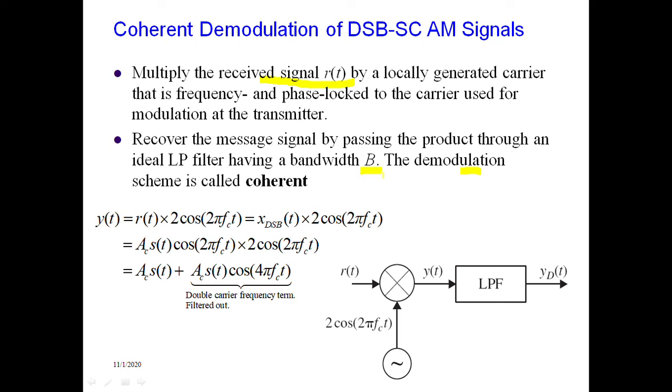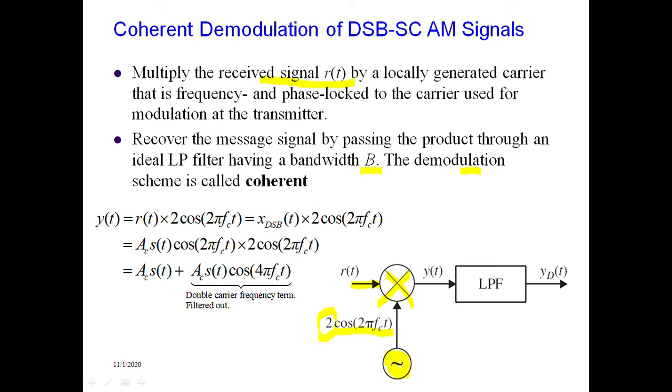Right now at the receiver we will multiply with a carrier. This carrier must be the same as the carrier that we use at the transmitter, so cos 2 pi fct. When you see here, there is an amplification of 2.